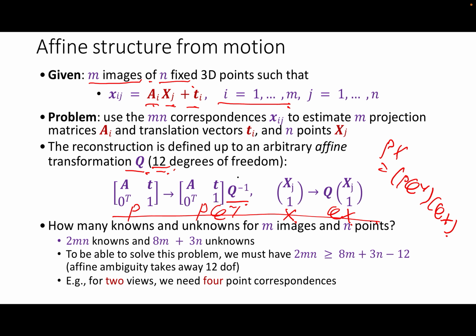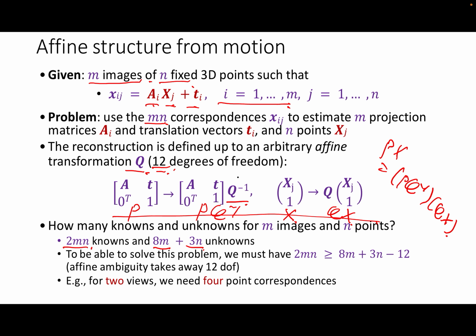And how many knowns and unknowns are there for m images and n points? We have mn correspondences, and each gives us x and y positions, so what we know is 2mn. And 8m plus 3n are unknown.